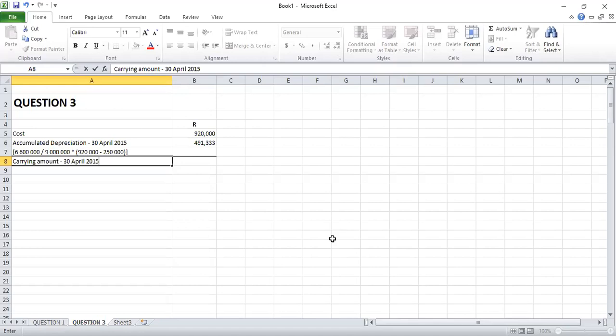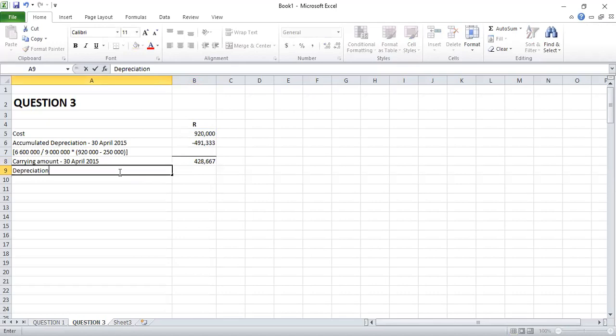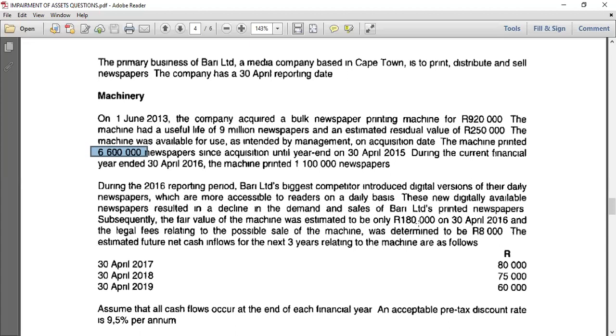Right, then depreciation for the year. We are told that during the current year, 1.1 million newspapers were printed.